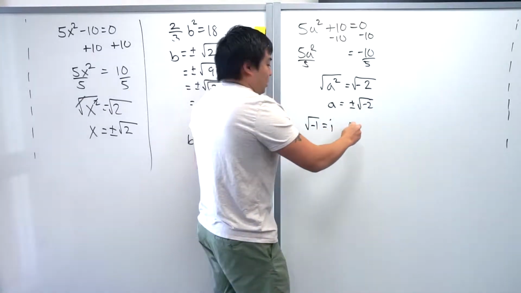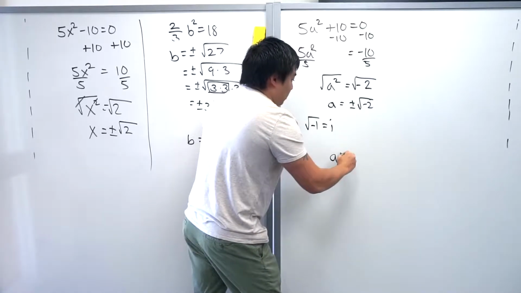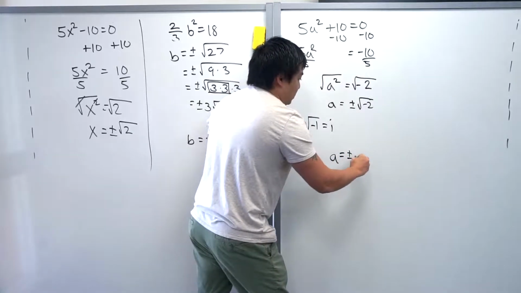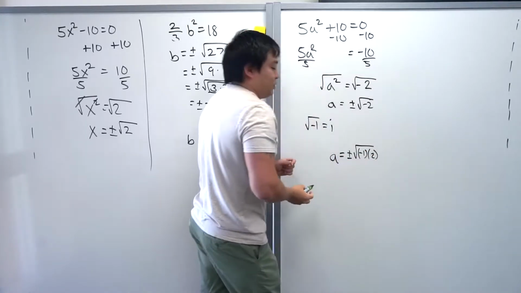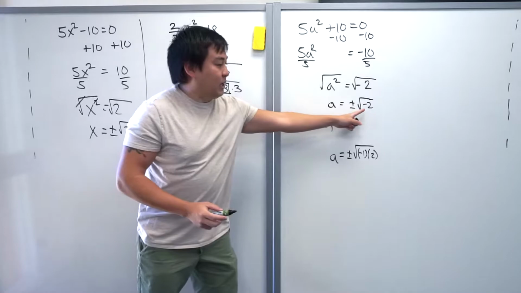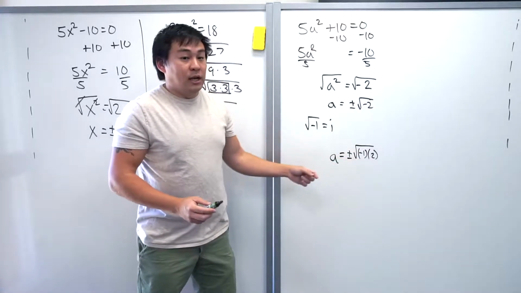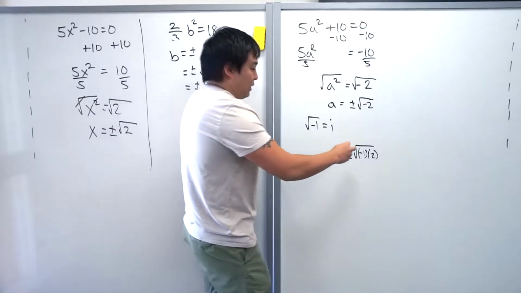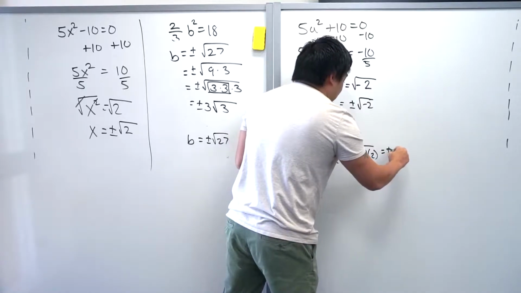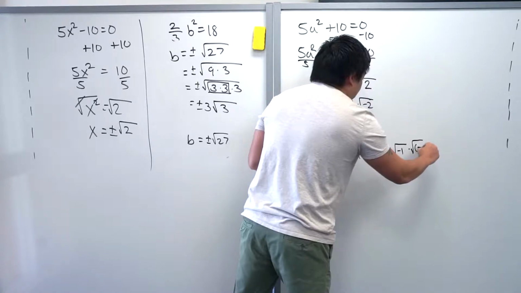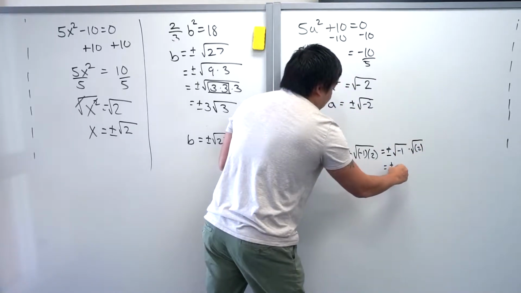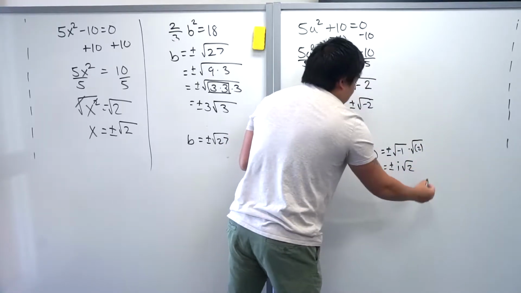So what we get here is a is equal to plus or minus the square root of negative 1 times 2. So I split negative 2 into negative 1 times 2. And then now we can split it as plus or minus the square root of negative 1 times the square root of 2. And this is going to be i square root of 2.